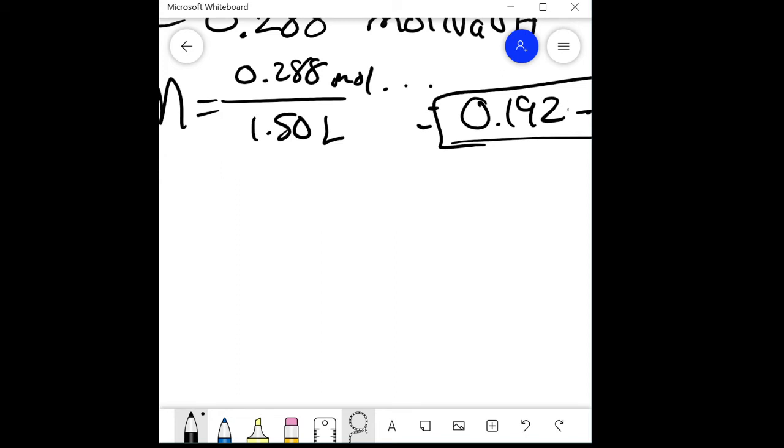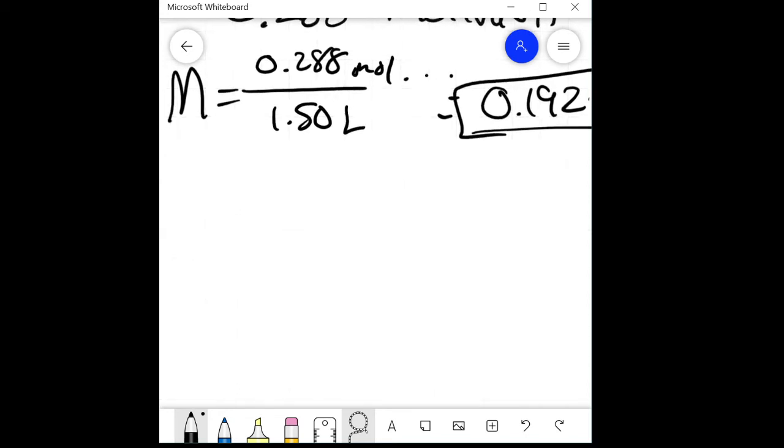Oh, wait. Okay, say you're asked to find the concentration of ions in a solution. And this will be asked. So say it wants the concentration.